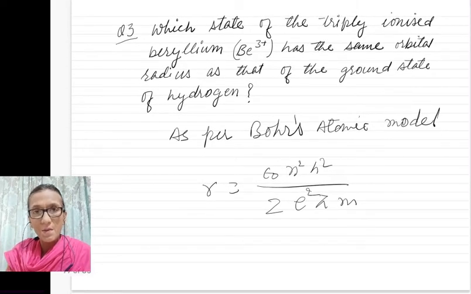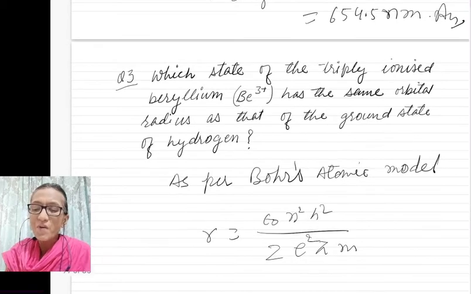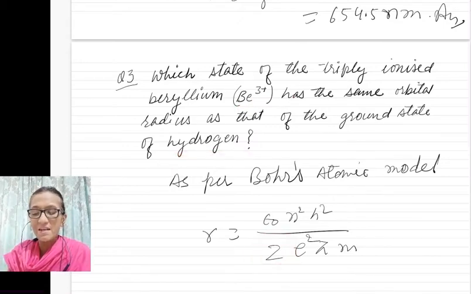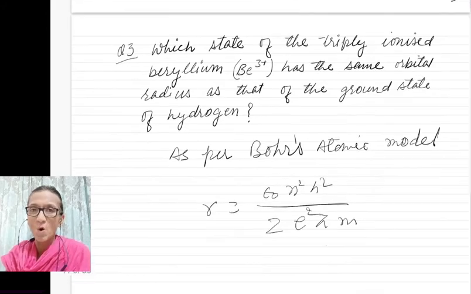So here remember one thing, when you take two different elements, beryllium and hydrogen, they will have different atomic number Z, but the rest of the things, epsilon naught, h, e, charge on electron, pi and m, mass of electron, are all constant.